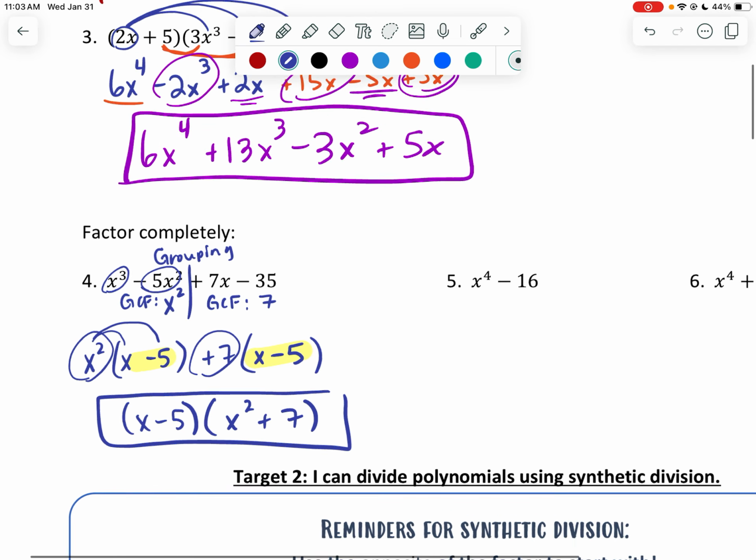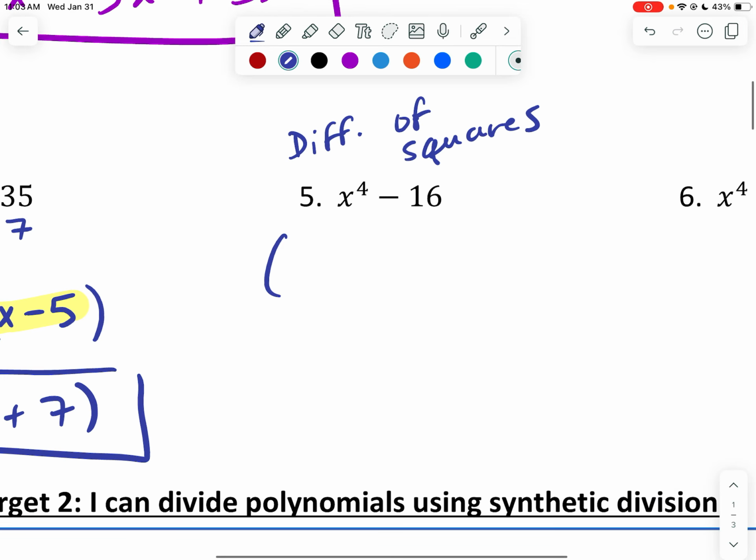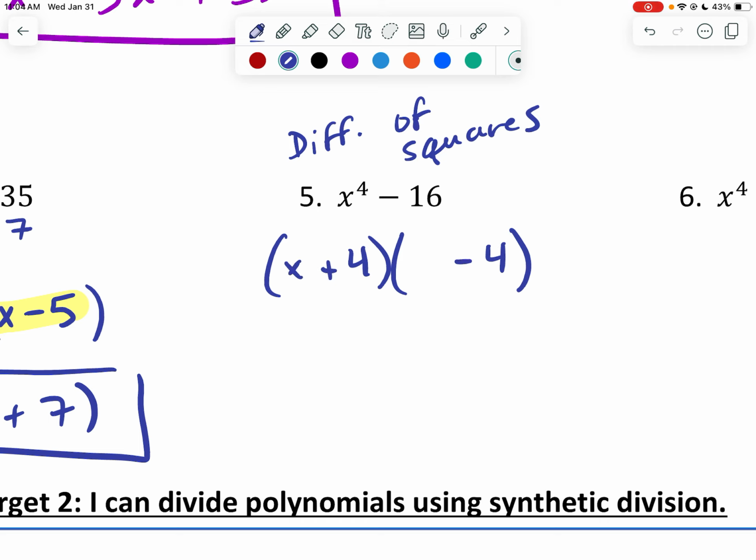Okay, so that's grouping. Another type we did was difference of squares. This is really the same thing as if this were x squared minus 16. So you can go right to your factors. Square root of 16 is 4. One's plus, one's minus. But instead of just x and x, since we want x to the 4th, we change these to say x squared.